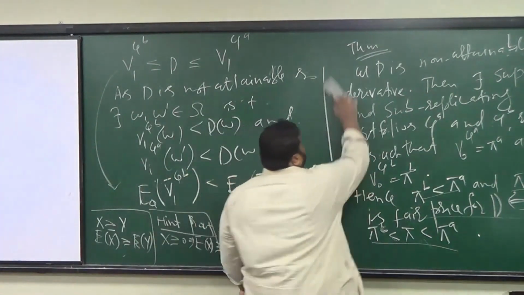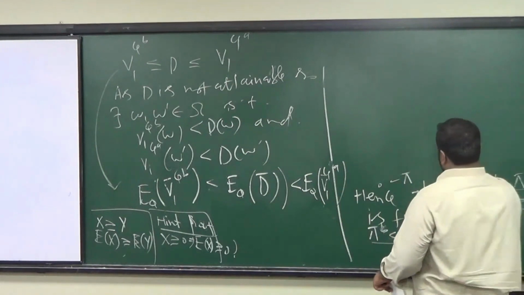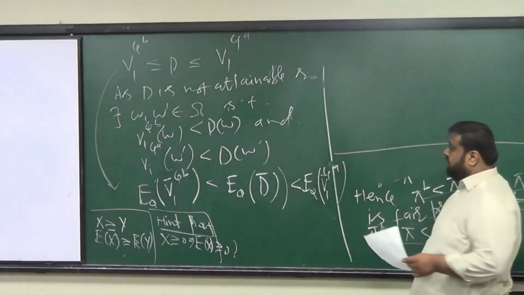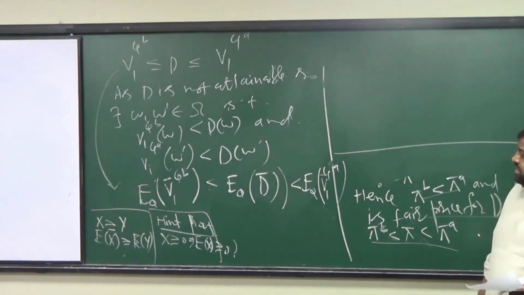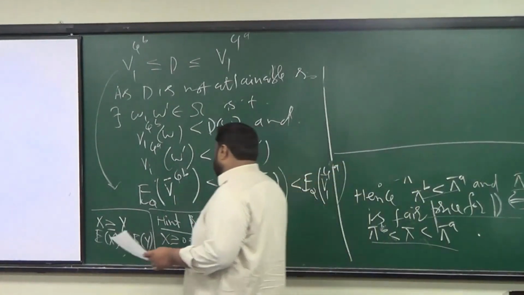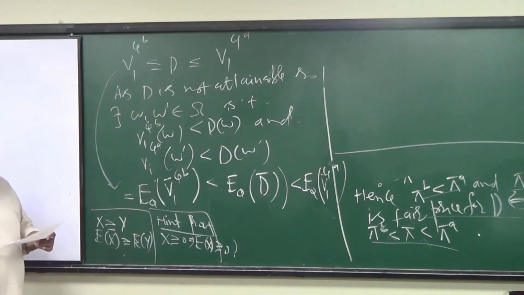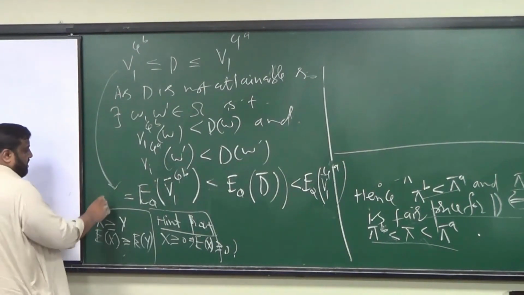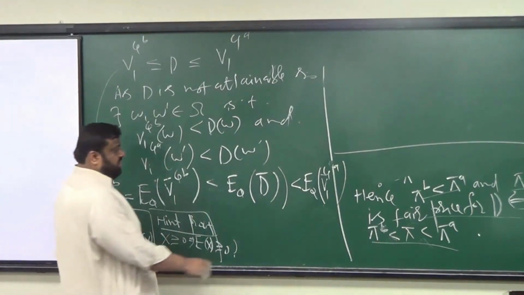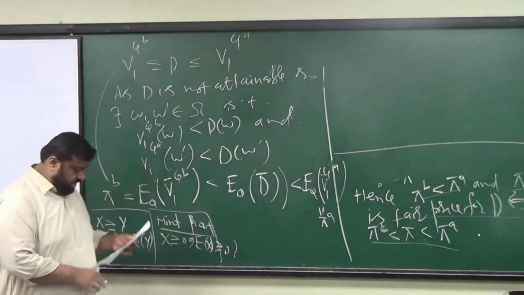Now, if I have this, then this guy is what? That's your phi b. This guy is your phi a.